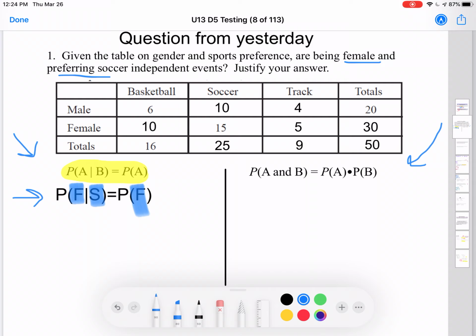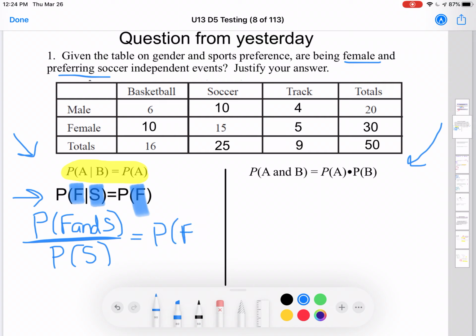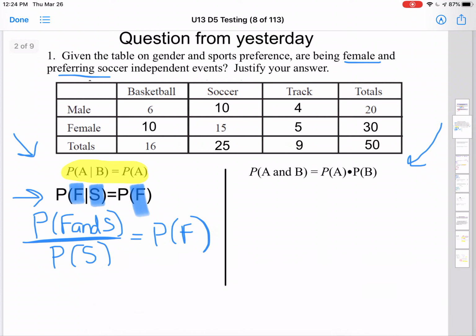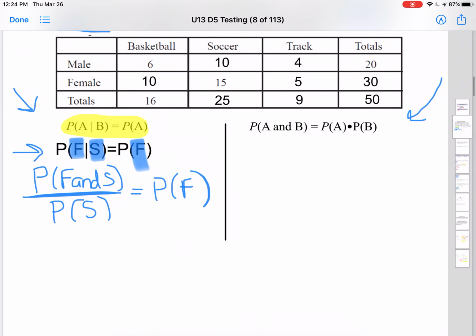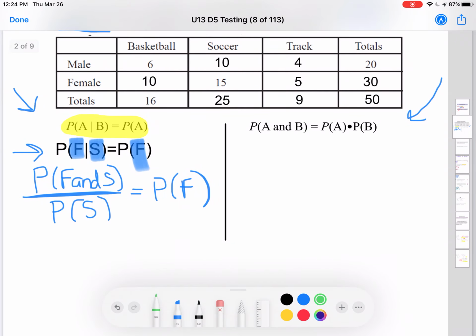Okay, so let's change this over. Let's change this to the probability, right, of female and soccer divided by the probability of soccer, and we'll set that equal to the probability of female. I'm going to just get myself a little bit more room. Okay, so probability of female and soccer. So female and soccer is right here. That's 15, right?